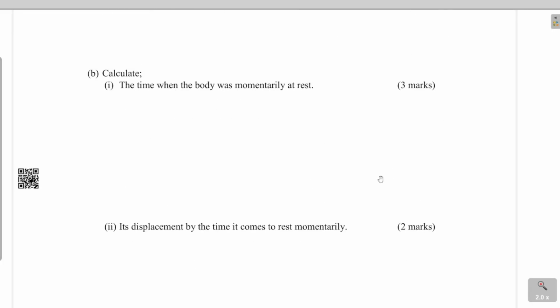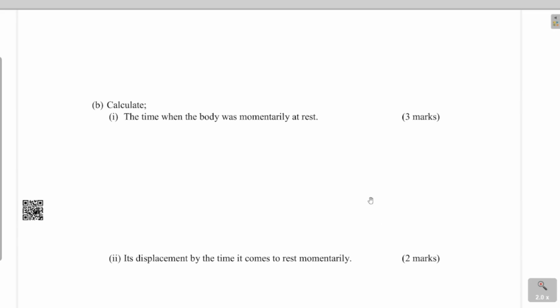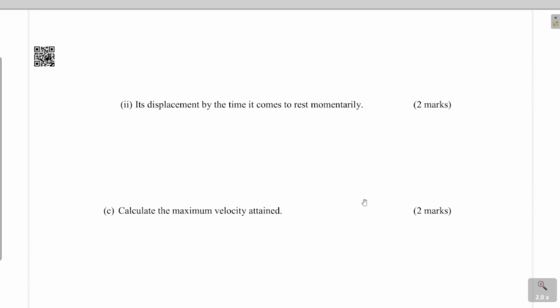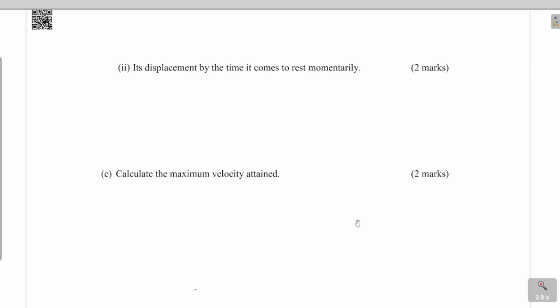And then B2, its displacement by the time it comes to rest momentarily. And then part C, calculate the maximum velocity attained. So those are the questions.